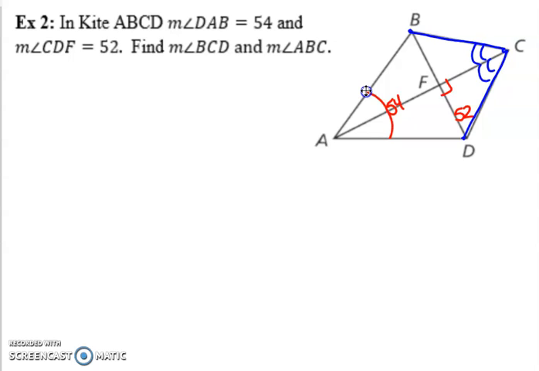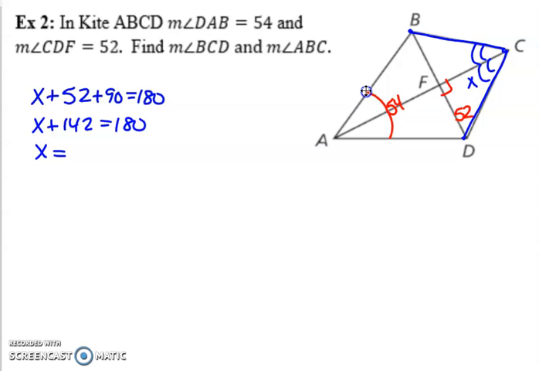Well, look where we are. We have a right angle, we have a 52 degrees, so I'm just going to call this one piece that I need letter X. And so I'm just going to say X plus 52 plus 90 makes 180. And so if I find my value for X, that means I'm looking at 38 degrees.